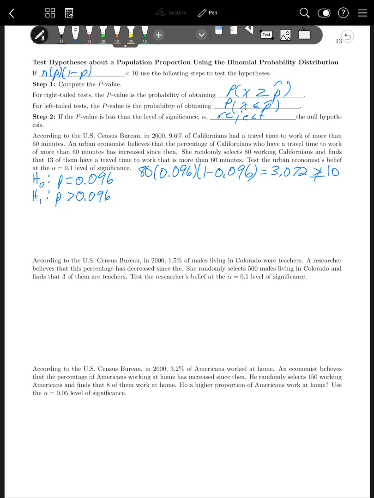So we can't use our one prop z-test. But what you should notice here is we've got a p value, which is 0.096. We've got an x value, which is 13.